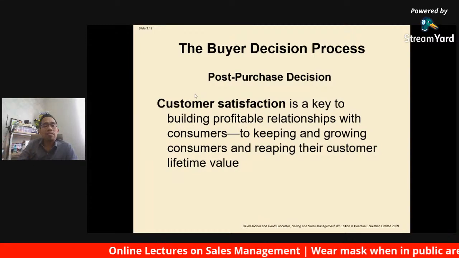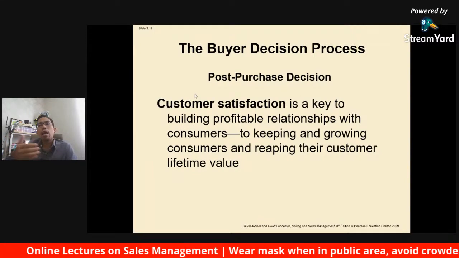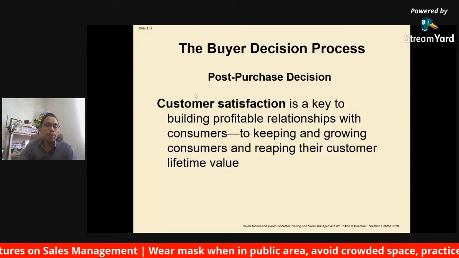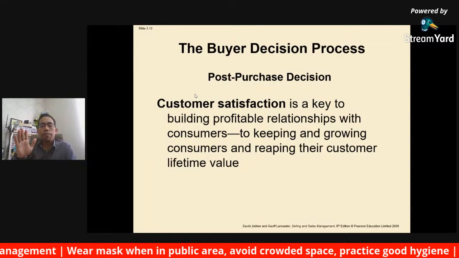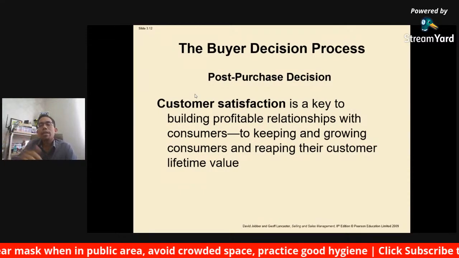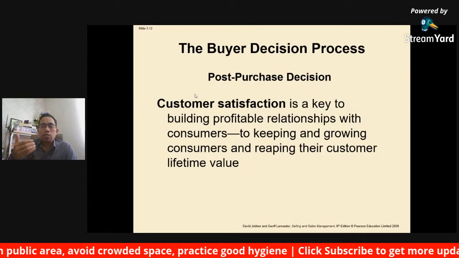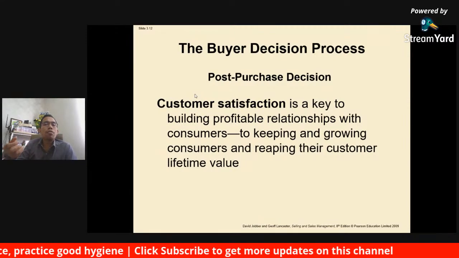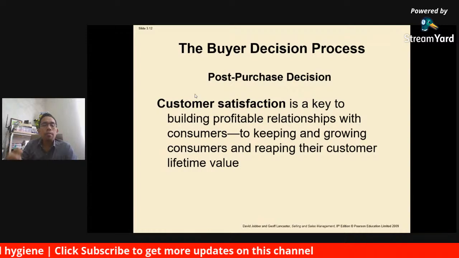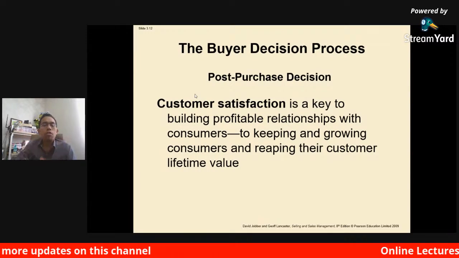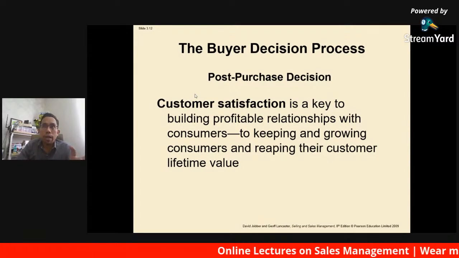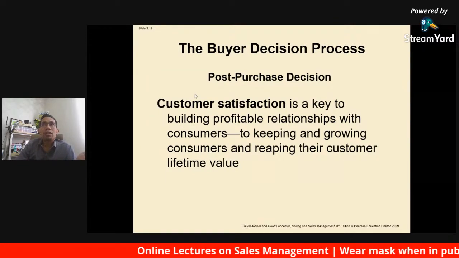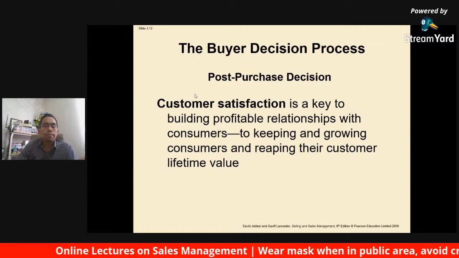Because if they are satisfied, they will tell everyone this product is good. If they feel dissatisfied, it is quite challenging for us to fix and bring the product back to a good position in the mind of the customer. As an example, J&T courier services.